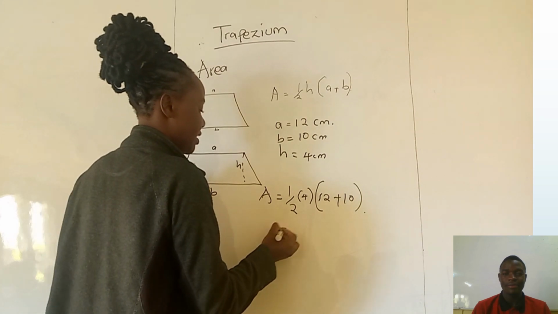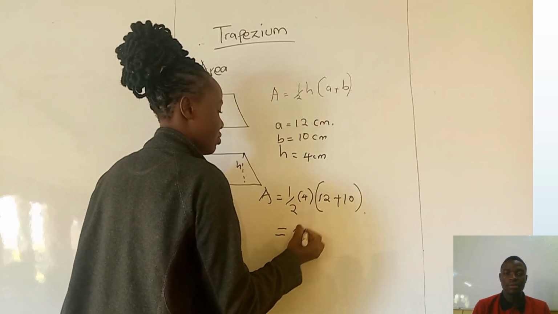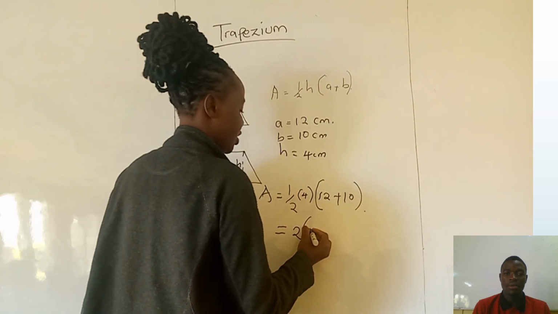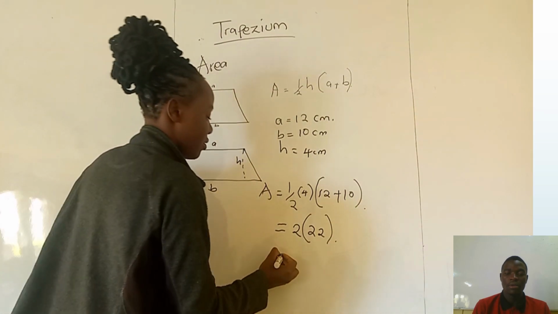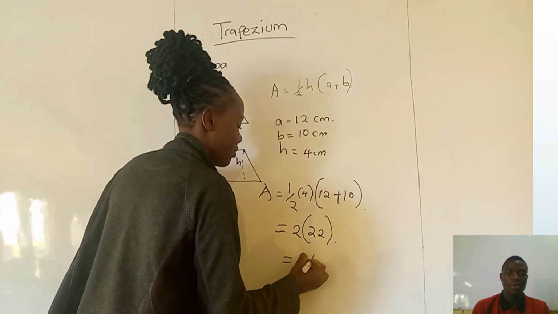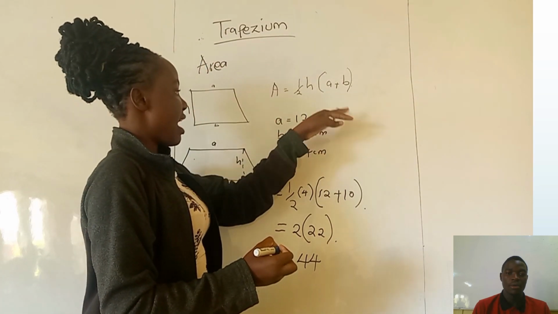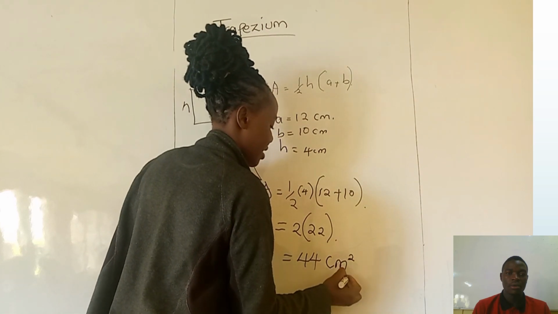Let's go a bit by bit. Half of 4 is 2. That's 2 into 12 plus 10, that's 22. So 2 times 22 will be 44. And since we are calculating an area, the units are centimeters squared.